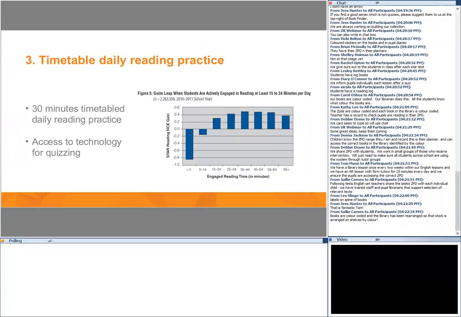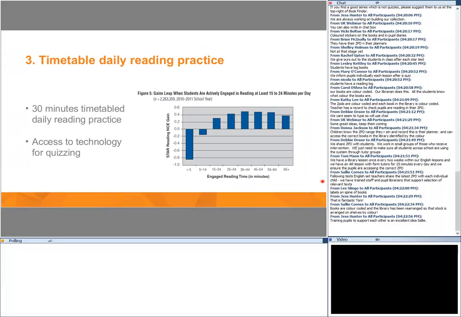Moving on to the third best practice, which is timetabling daily reading practice. What I'd like to do here is just open up a poll and find out how much time your students are given in their timetable to read independently.